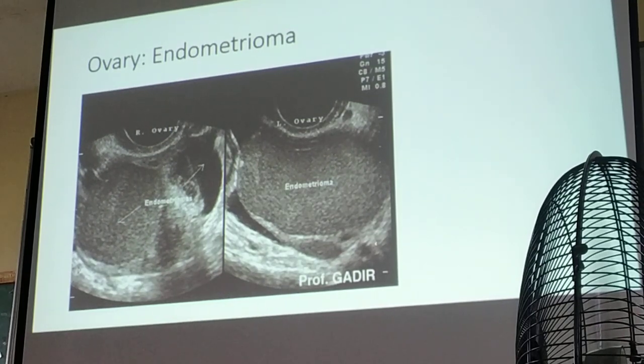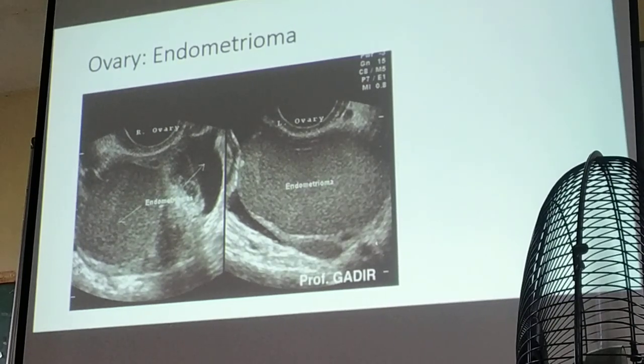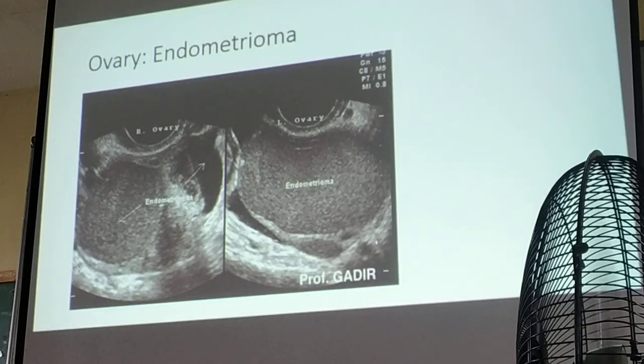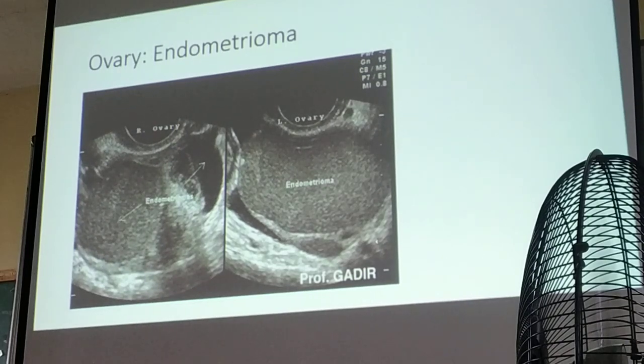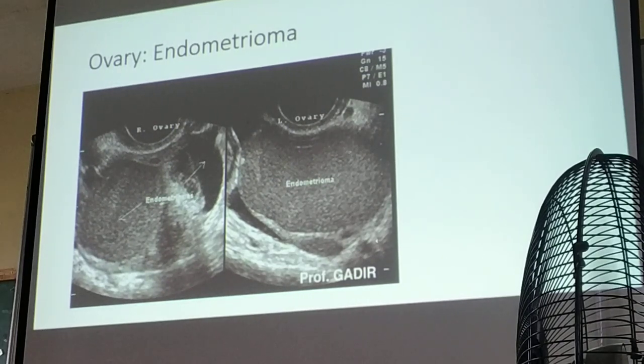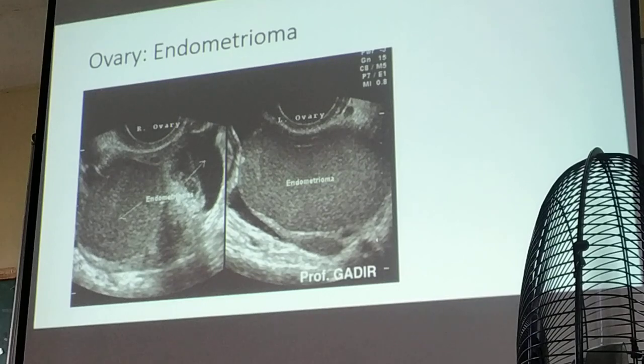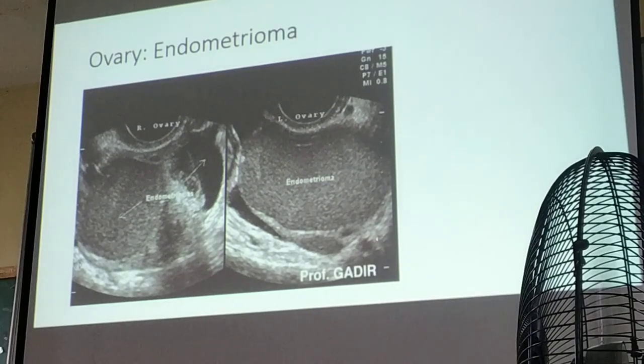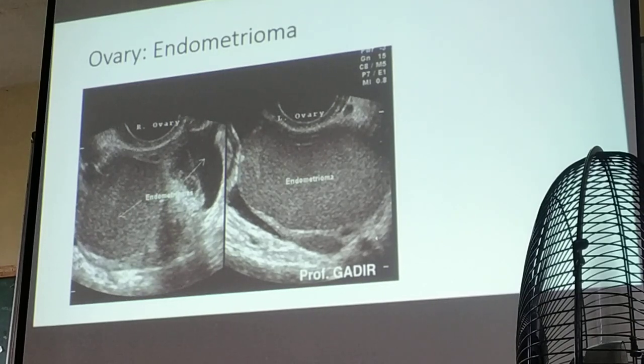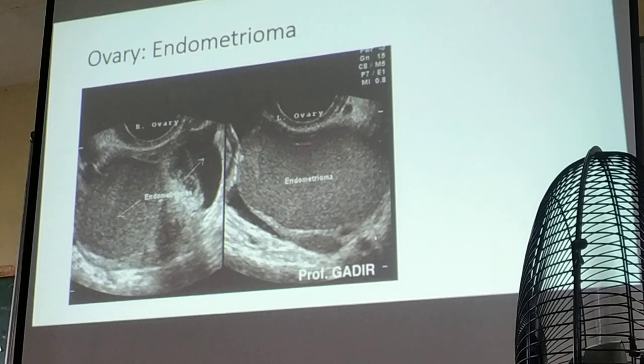This is chocolate cyst, so cystic too. Diba, other term for endometrioma would be chocolate cyst, right? So if they're going to ask you, is this a solid lesion or a cystic lesion? Answer is a cystic lesion because this is your chocolate cyst. Okay?